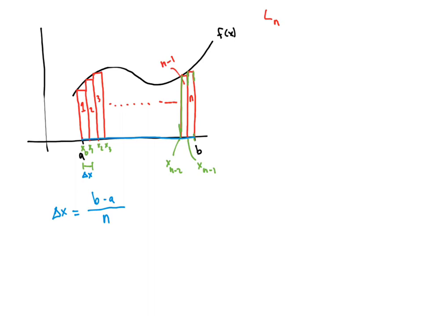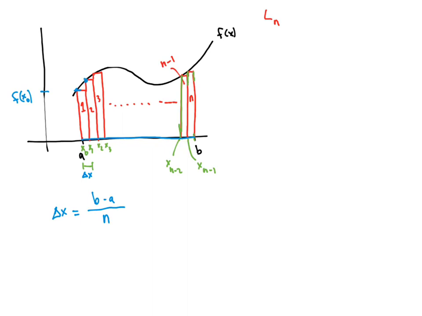Okay, so one last thing we need to think about is, we figured out the width of each rectangle. It's delta x. And then the height is just going to be whatever this is right here. So that point is on the function. So that height is just going to be f of x sub 0.